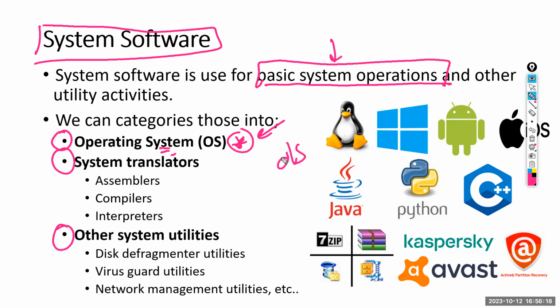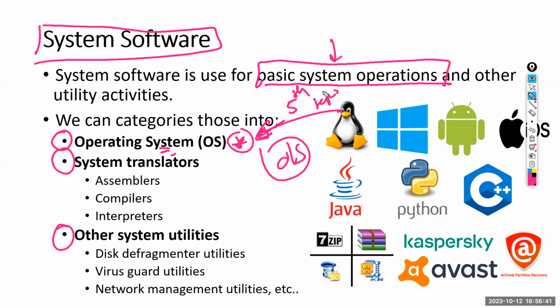So we will look in detail at operating system tasks, how it manages hardware, how it manages files, how it manages software or the processors. It's a big topic, so we'll look at operating system separately, as our fifth topic.